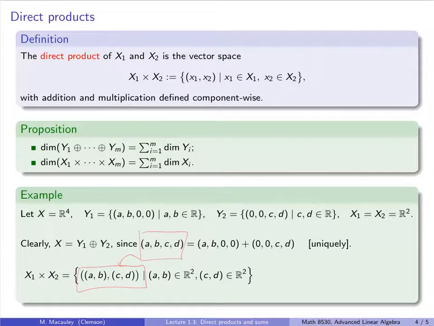The difference is just cosmetic. You've got a couple of extra parentheses and a comma in there. So we have a canonical bijection between this set and this set, which is linear and is an isomorphism. And this is not a proof, but it at least suggests why, if you take two subspaces, and take their direct sum and their direct product, what you get are isomorphic vector spaces. They're different, but they are isomorphic.